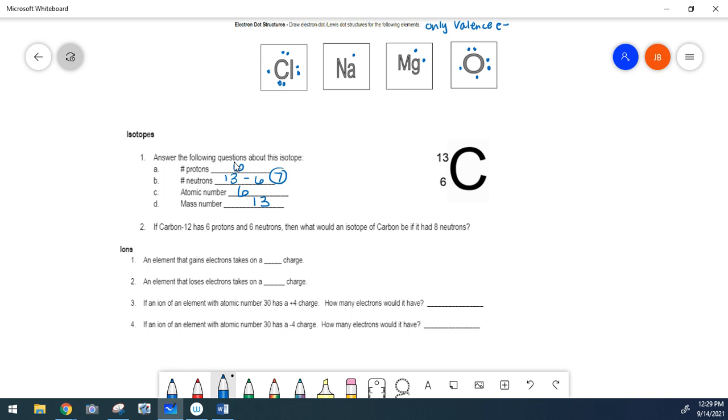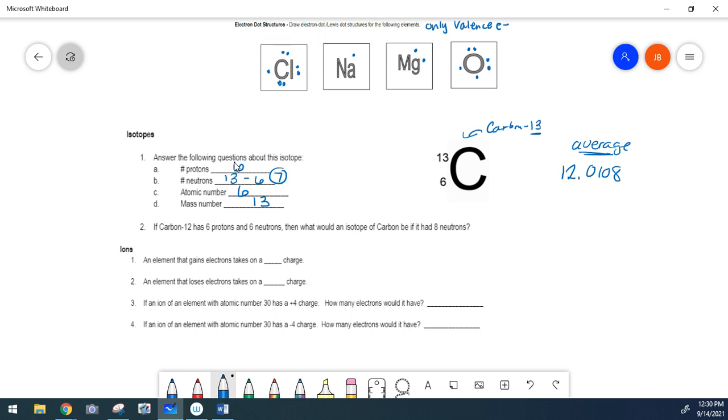13. Okay. Remember that the average atomic mass for carbon is 12 point something. What is it? 12.0108. Remember, that's the average. But this is carbon 13, which is an isotope of carbon that is 13, not 12.018.